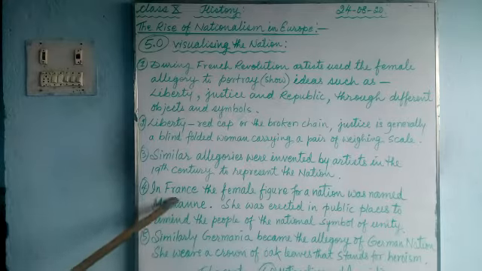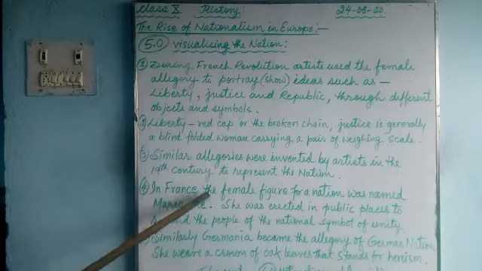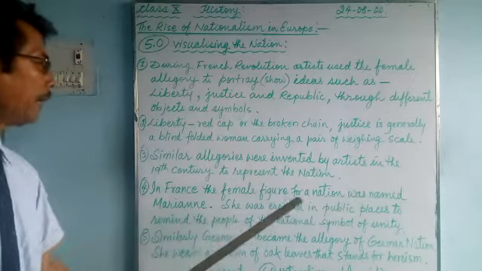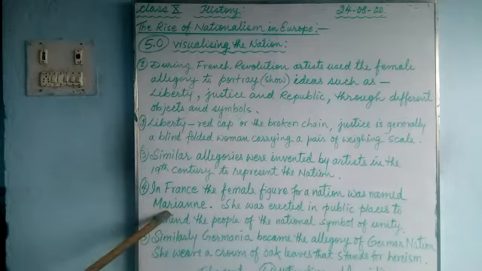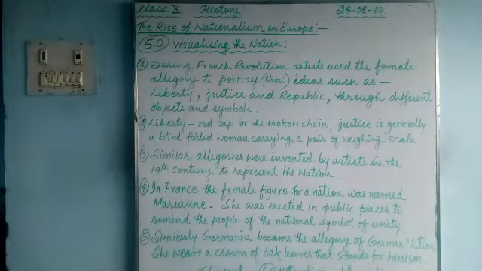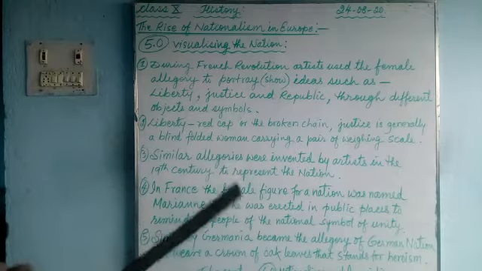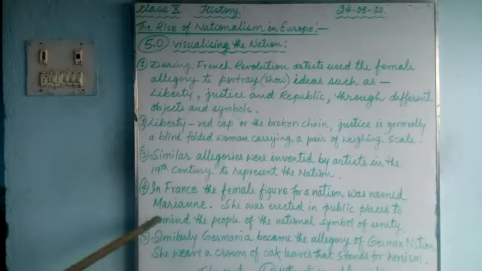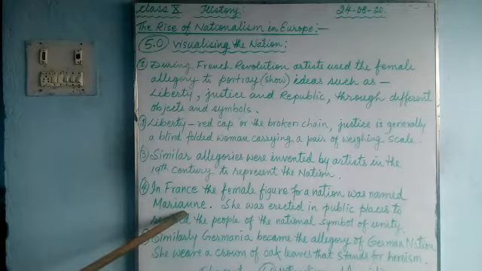In France, the female figure for the nation was named Marianne. They drew the picture of a woman representing the French nation, and she was named Marianne. Marianne was the female allegory of the French nation.